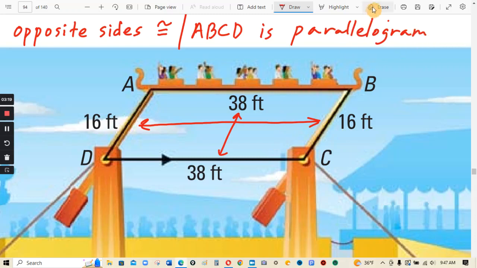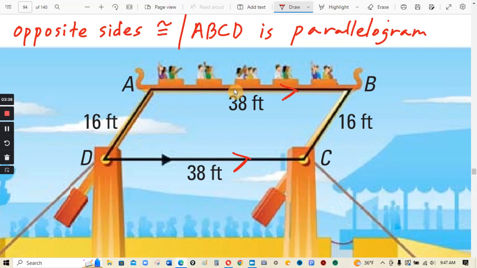Now, what is the definition of a parallelogram? For a parallelogram, opposite sides are parallel. So I know that this side here is parallel to this side here. The top and the bottom are parallel.